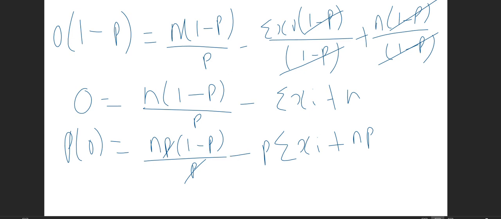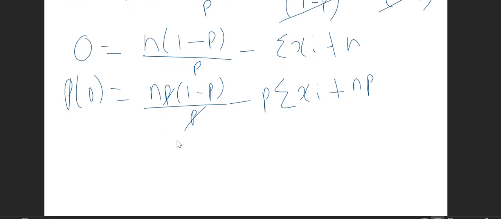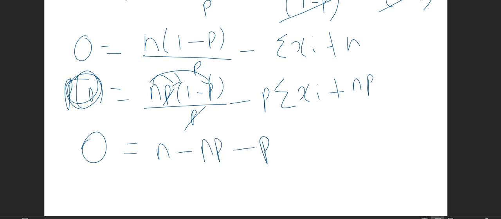For us to solve for p here, we are firstly going to multiply this n into this bracket. So we have 0 equals n minus np minus p times the sum of our xi's, and then plus np.